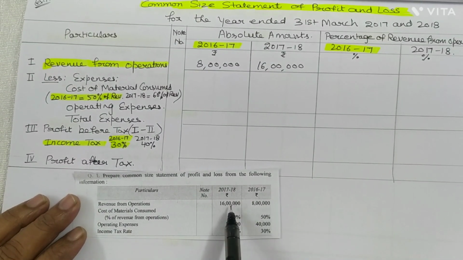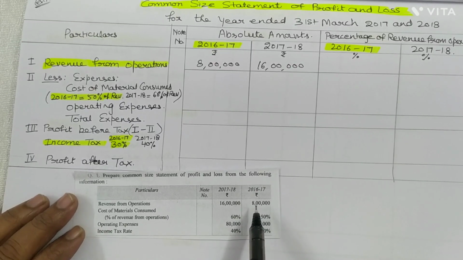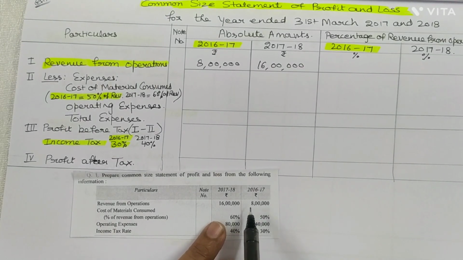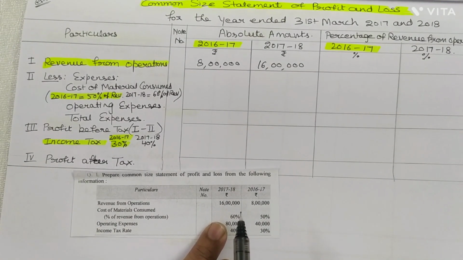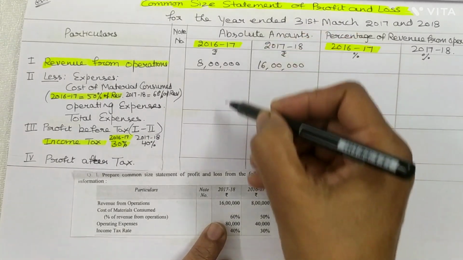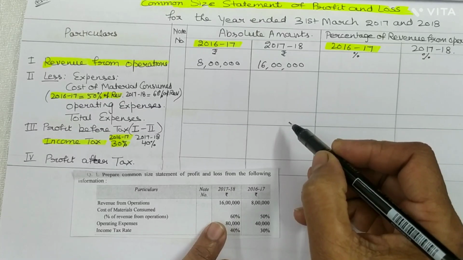Revenue from operation is given as 16 lakh and 8 lakh. As I have told in the previous video also, in a comparative statement, according to CBSE guidelines, you have to take the previous year first and the current year afterwards.